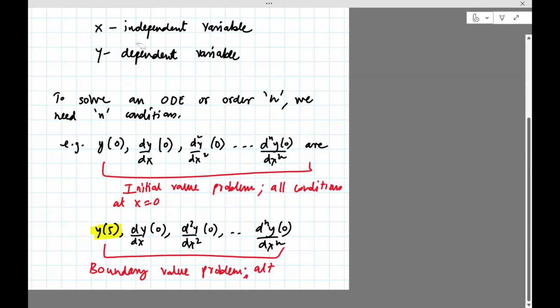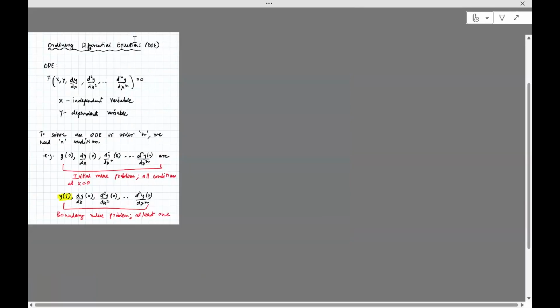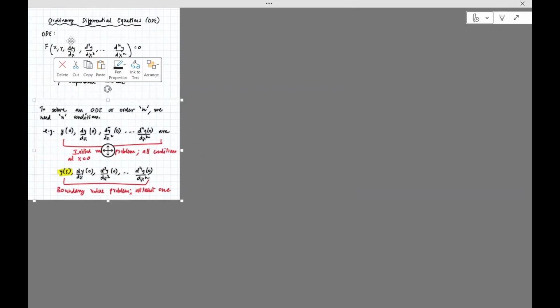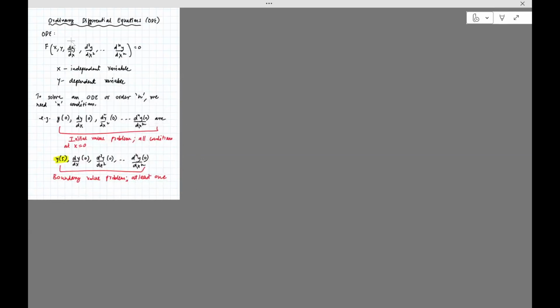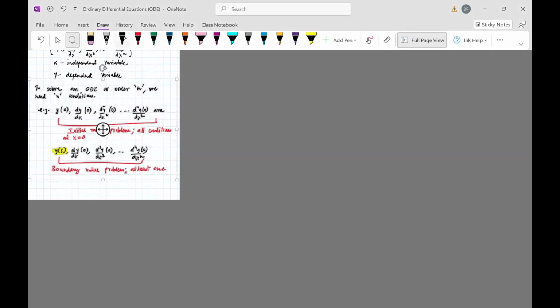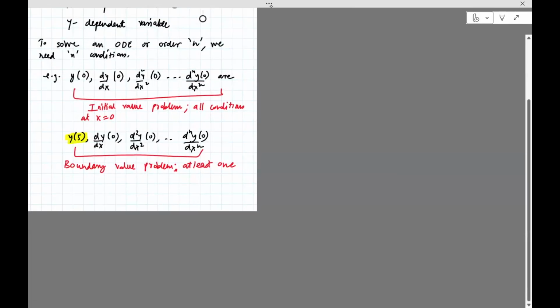So at least one condition not at x equals 0.